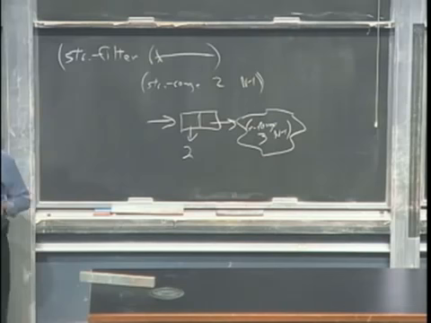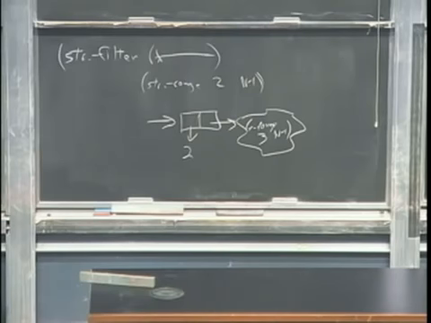Now, you remember how filter works, right? It says, is my input empty? If so, return the empty list. Otherwise, there was a three-way cond clause. The next clause says, does my car satisfy the predicate? If so, cons the car onto a recursive call to filter.